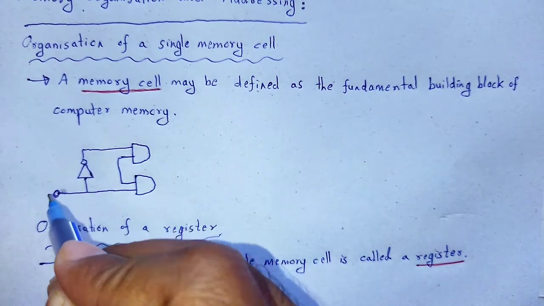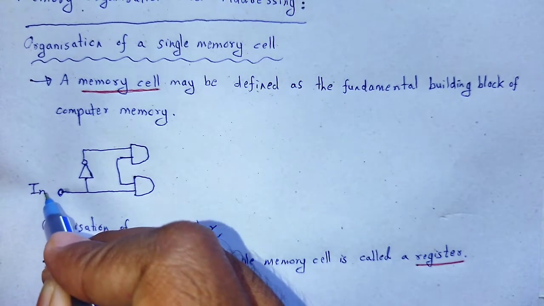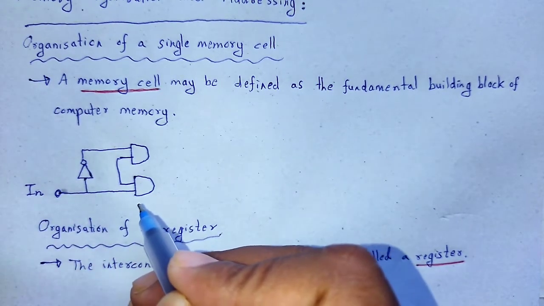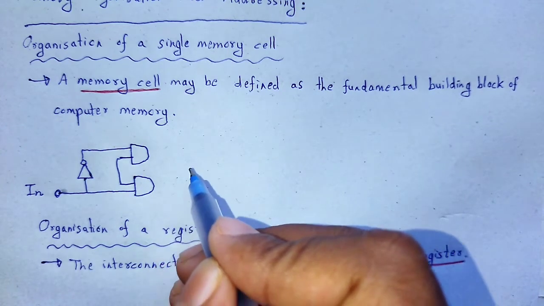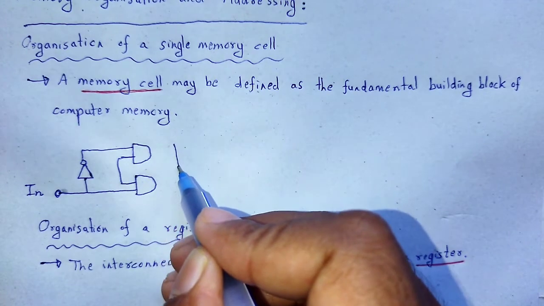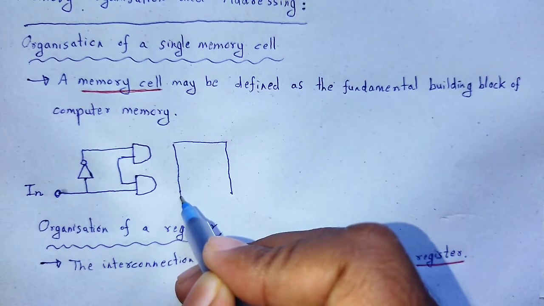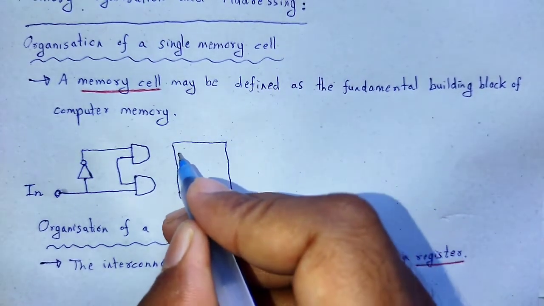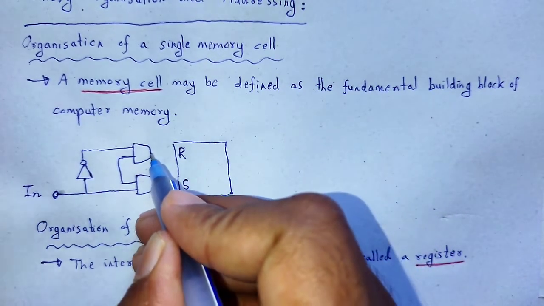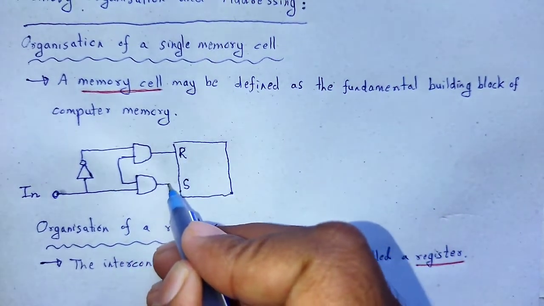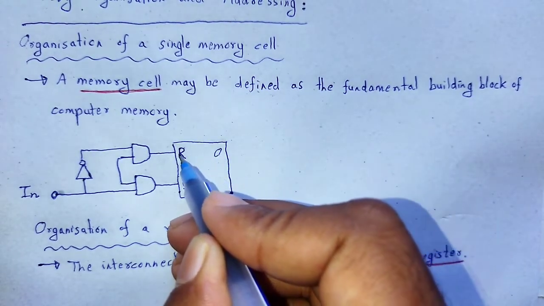Provide input by taking that line. Then an RS flip flop is used. R S output as 0 stands for reset.